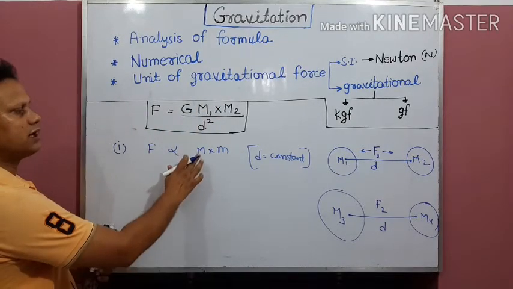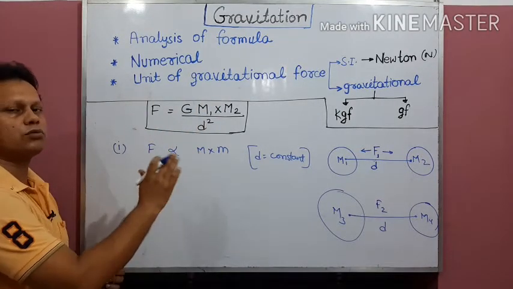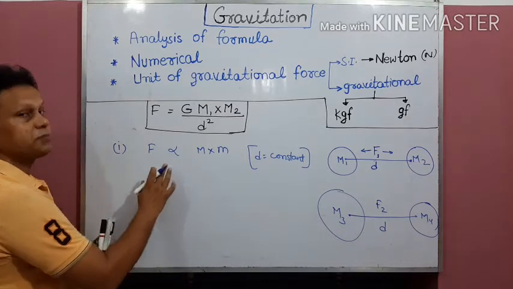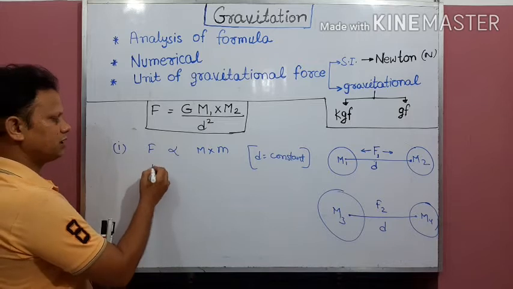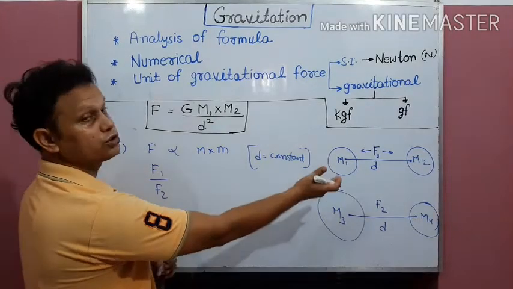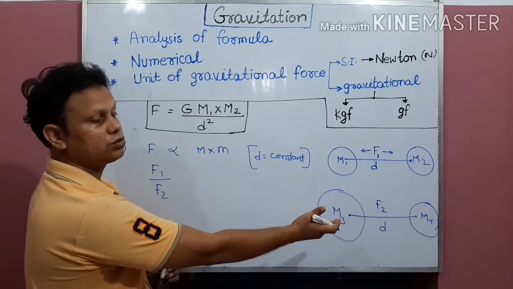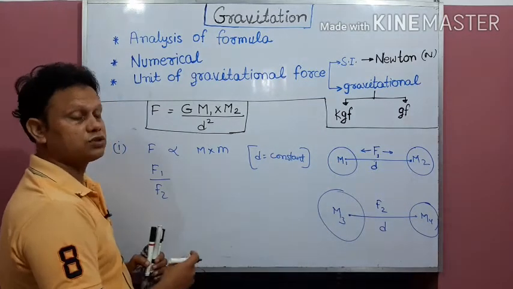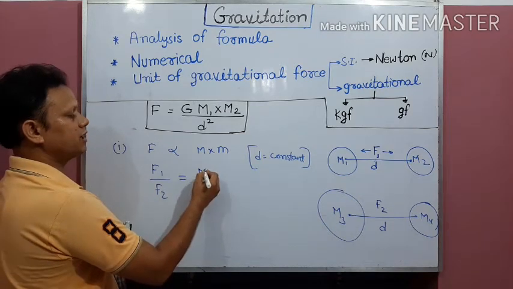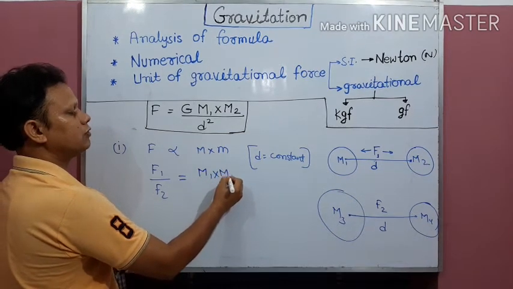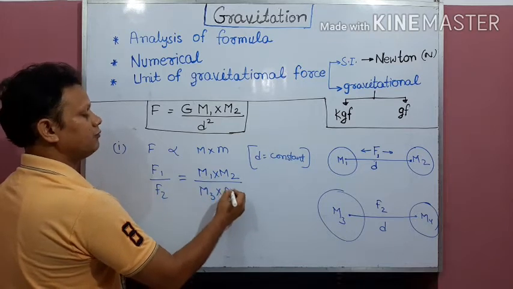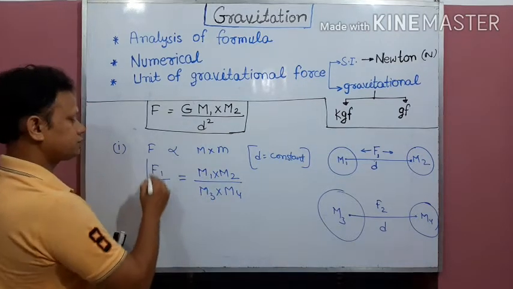Now we can make a smarter formula for comparison: F1 by F2, that means the gravitational force in the first situation to the gravitational force in the second situation, is M1 into M2 upon M3 into M4.